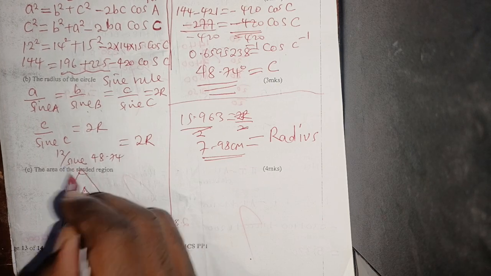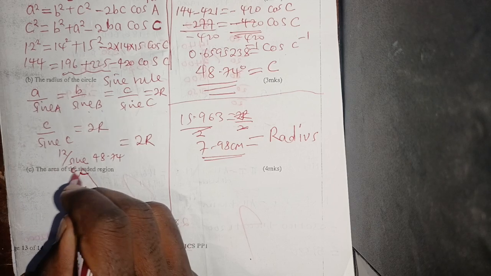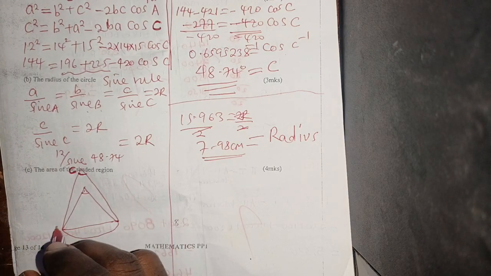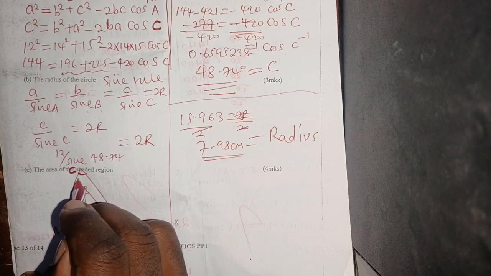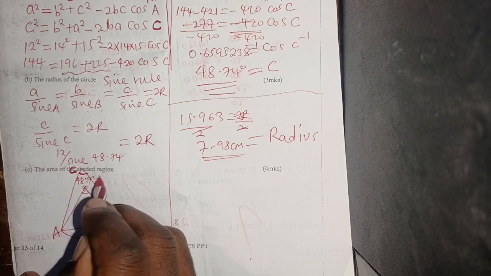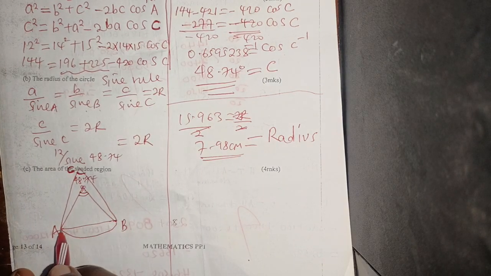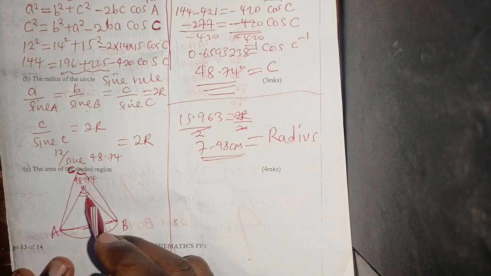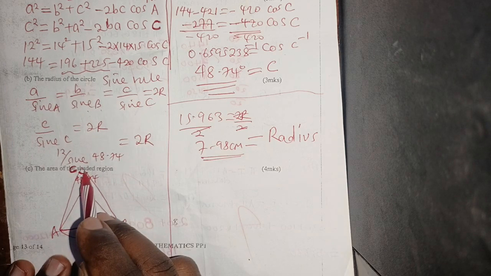Let's call this part C, this is part A and this is part B. This is the center. So if this is 48.74, that means this should be twice, because a chord subtends an angle at the center which is twice whatever it subtends at the circumference.